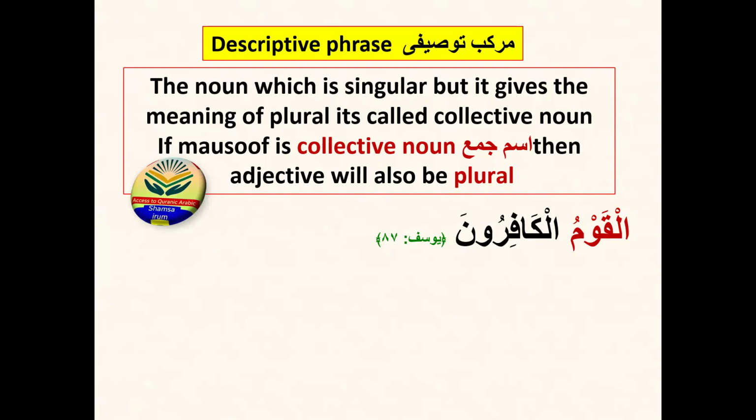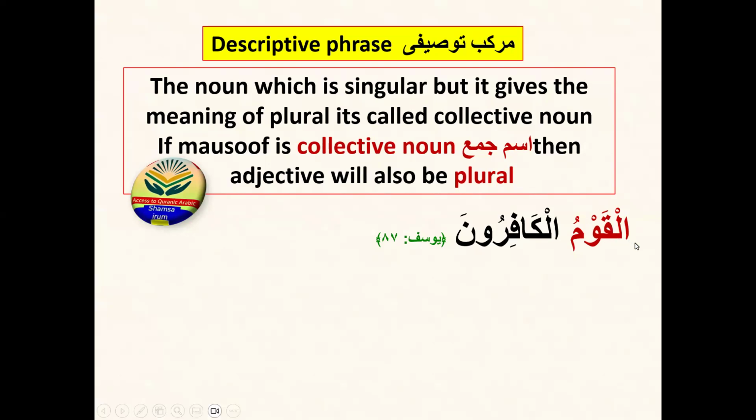So the word qaum is singular, but it carries the meaning of plural. Okay, so this is called a collective noun. Because it has the meaning of plural, the sifa will also be plural. It will not be singular, because in this word there is the meaning of plural.